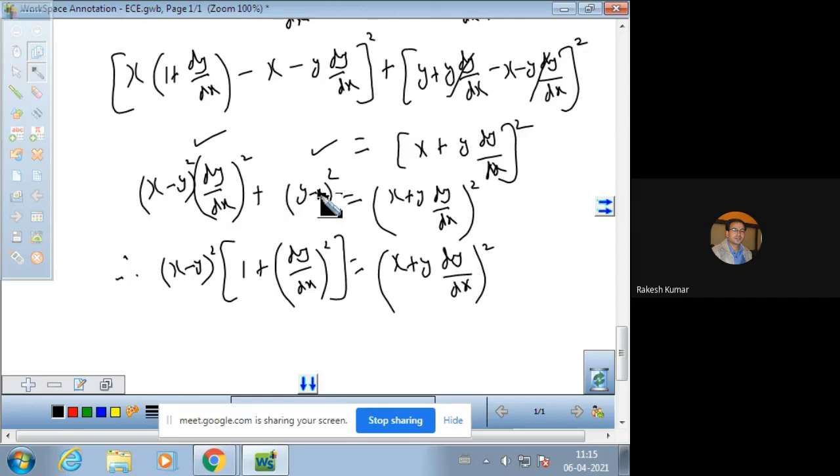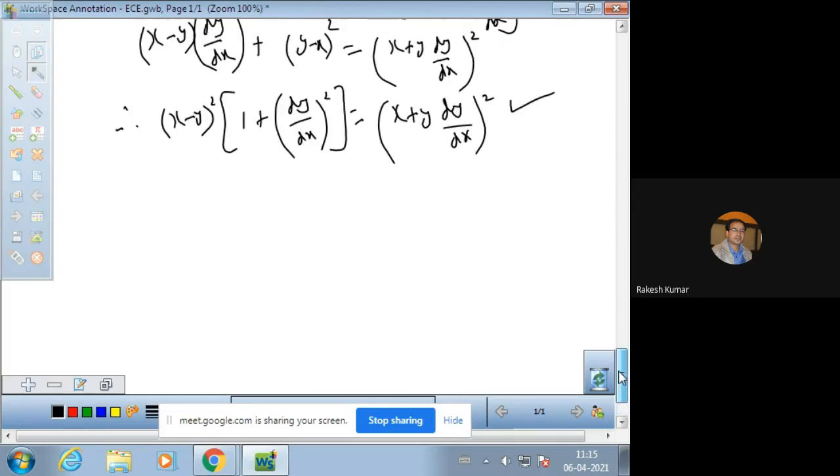So y minus x can also be written as x minus y, because the negative sign will become positive sign after taking the whole square of that. So this is the required differential equation. So in this way, we will be able to form a differential equation from this.